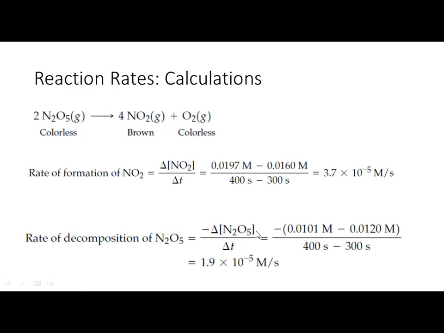Now look at this one. As written, this is equal to this one. So there is no difference between this statement and this statement. If you write it this way, it is also correct, but in chemistry, we will express it in this term.